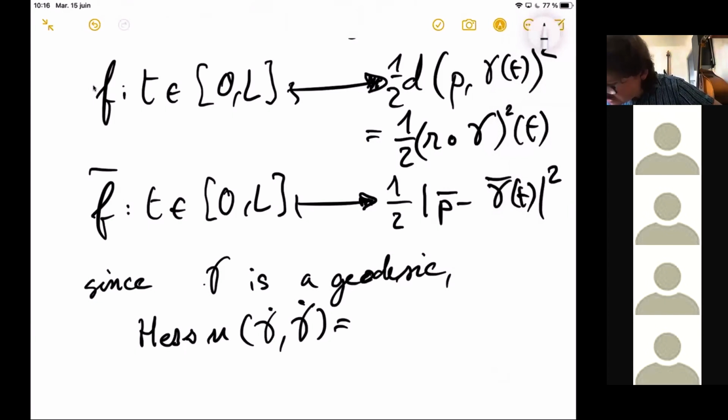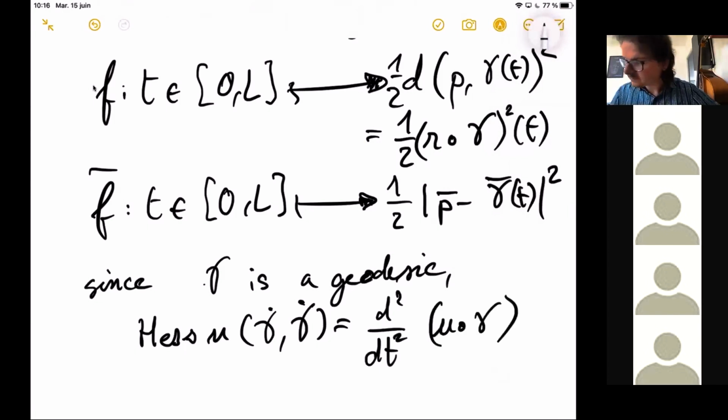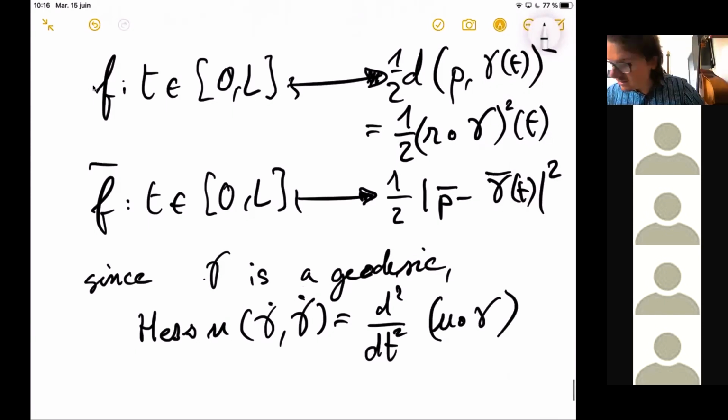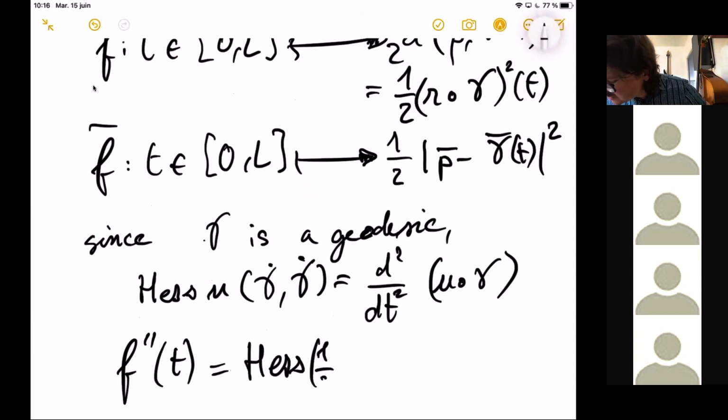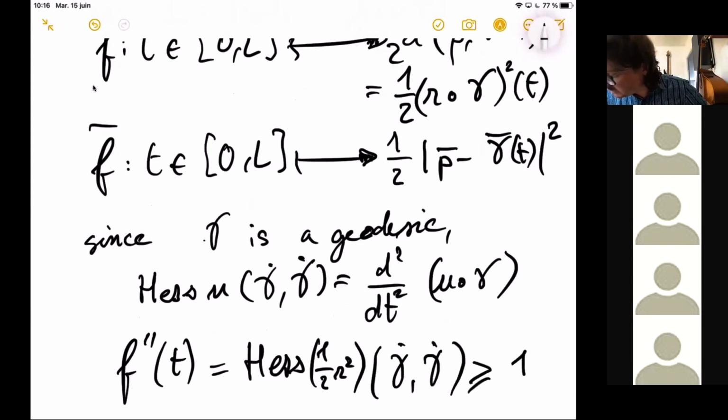So the Hessian of u is just dt squared of u composed with gamma. So this can be taken as a geometric definition of the Hessian. And so we have that f second of t will be equal to Hessian of half of r squared of gamma dot, and with our Hessian comparison theorem, we will know that this will be greater than 1.